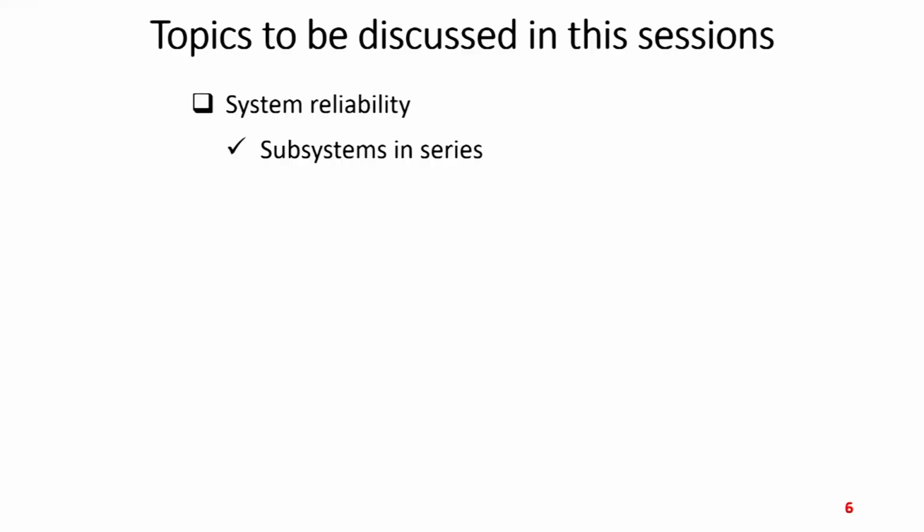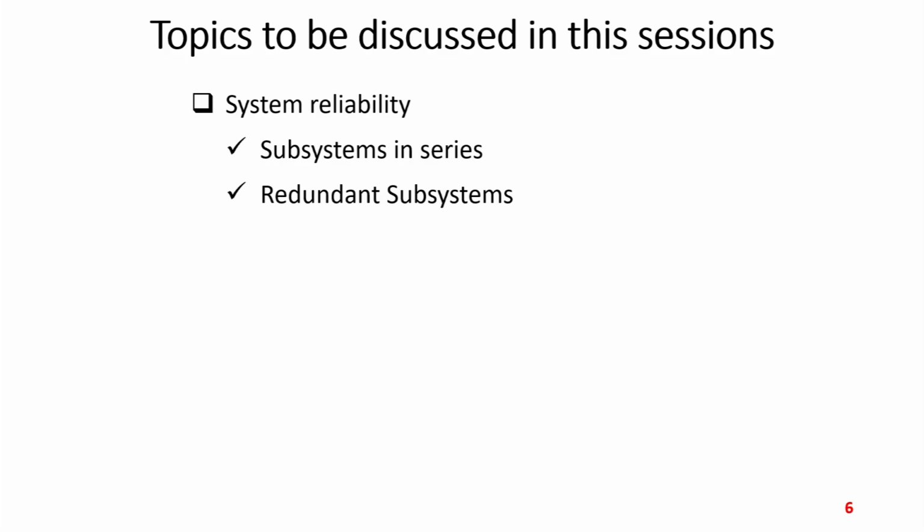A system always consists of subsystems, and subsystems consist of components and devices. So, we will start with the system reliability, then we will go to the components and materials, everything. System reliability depends on subsystem reliability, and subsystem reliability will depend on the components, materials, devices, everything. We will consider that all the subsystems are in series, and then we will consider a redundant subsystem.